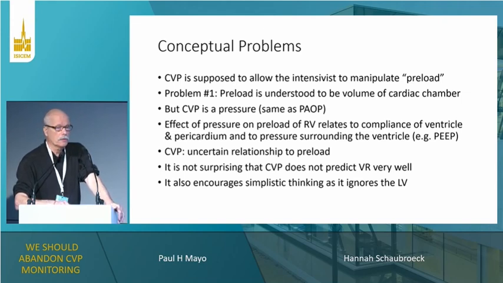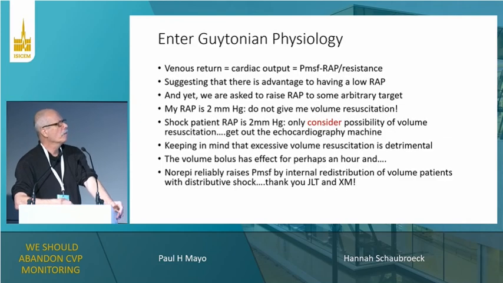It certainly doesn't surprise us, therefore, that CVP doesn't predict volume responsiveness very well. Let's just say it doesn't. It also encourages sort of simplistic thinking because it ignores the other friend, which is the LV. All right, that's a whole other discussion.